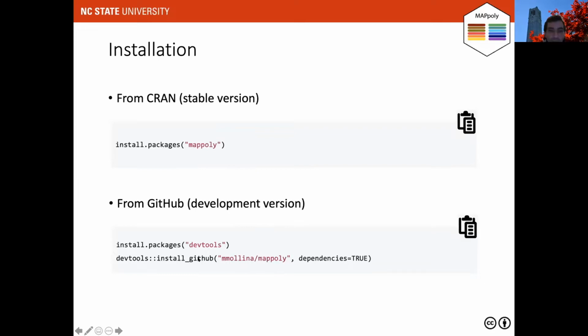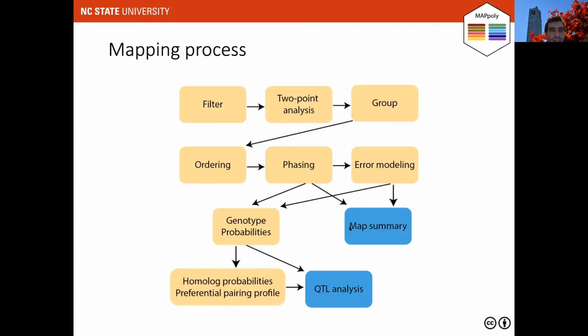If you want to install that version, you use devtools and the install_github function, pointing to my GitHub page for MAPpoly. So this is just the installation. It's pretty straightforward.